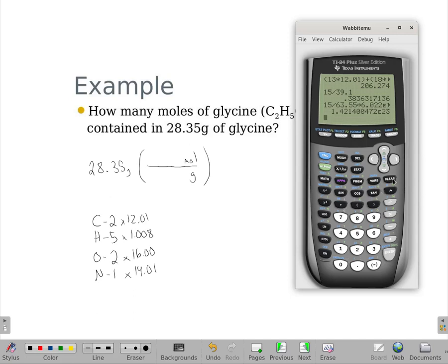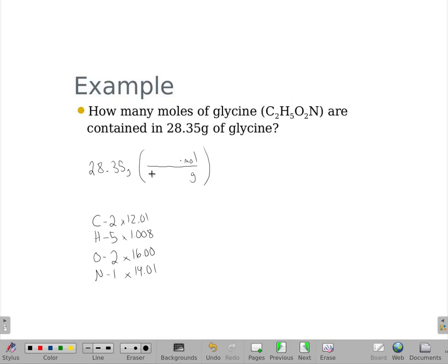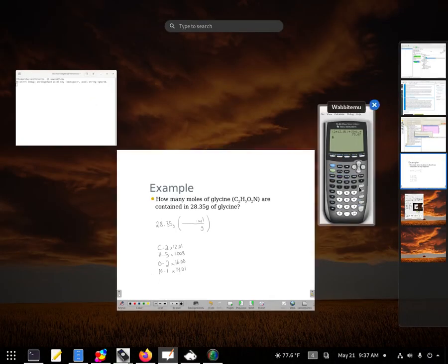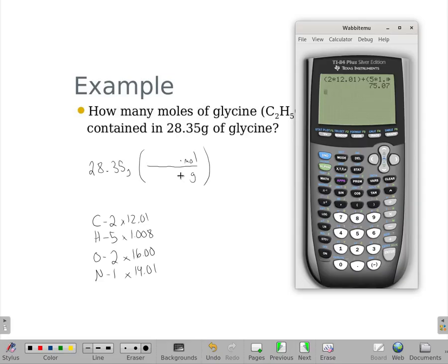So 2 times 12.01 plus 5 times 1.008 plus 32 plus 14.01. The molecular weight of glycine is 75.07 grams.